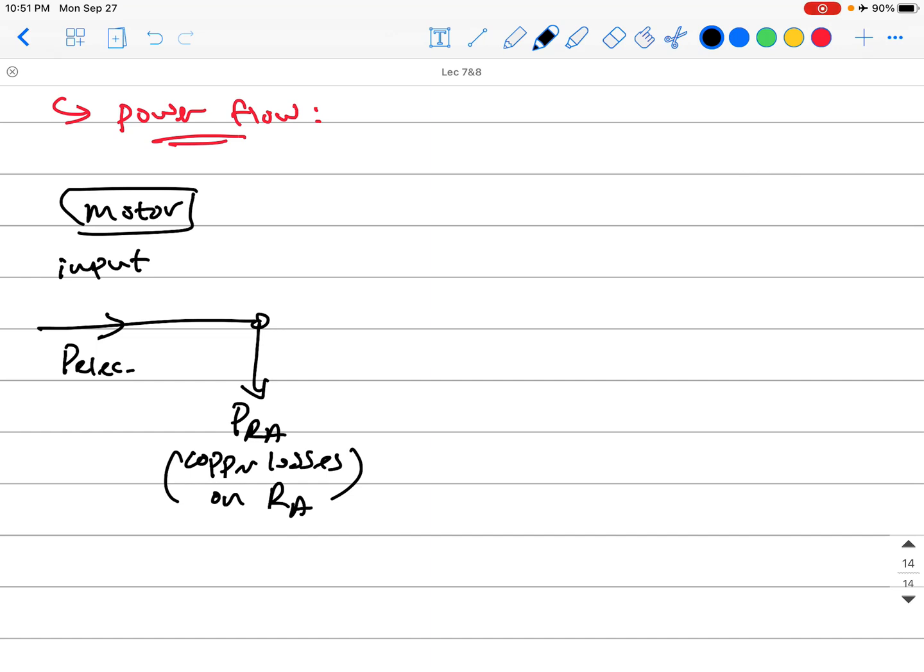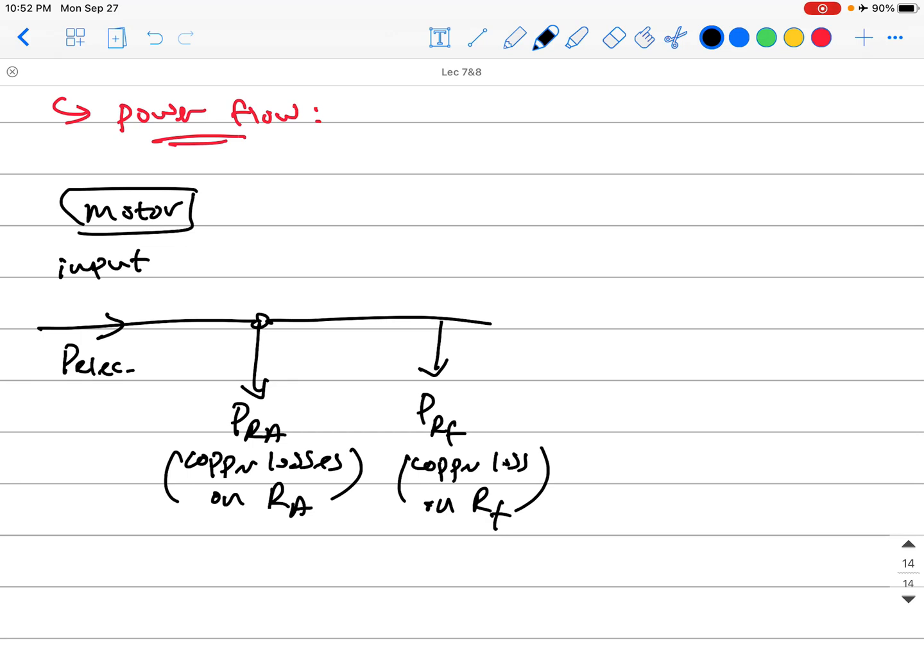Whenever an electric current moves in a resistor, you will lose some of the power over this resistor. That is copper losses. And at the same time you will also lose some copper losses over the field resistance. Okay, that is copper losses on RF, the field resistor, or RS, that is the series connection.